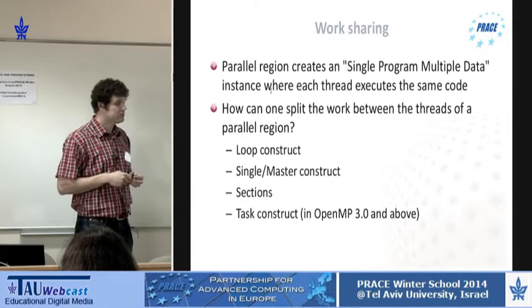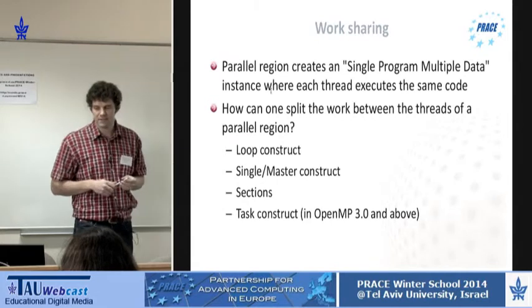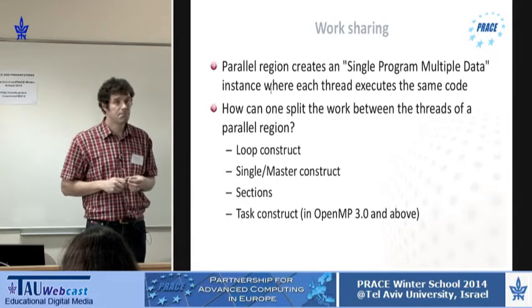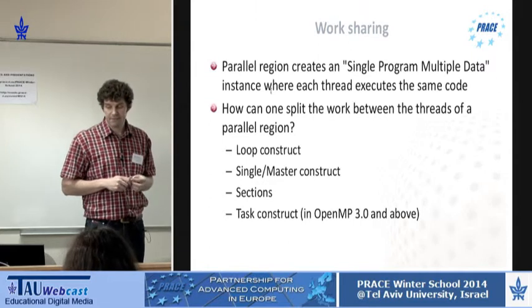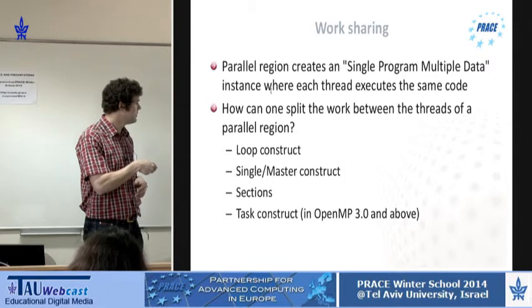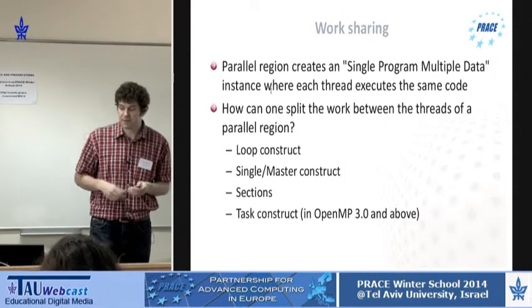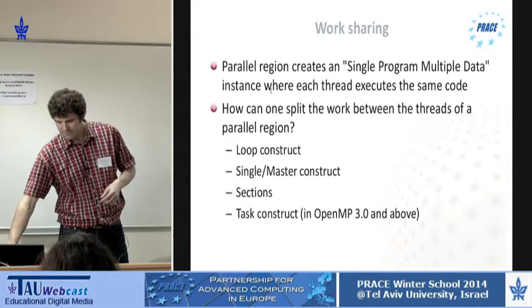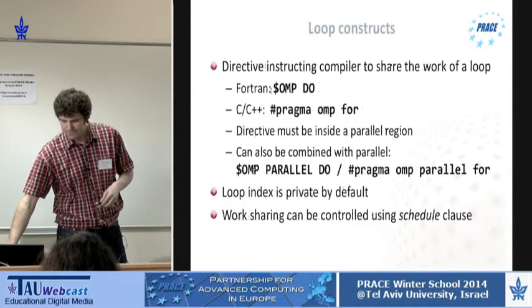We discussed a bit also how we can make only a single thread perform some work. In OpenMP 3, it's also possible to do a sort of task parallelization, but we won't be discussing that in this lecture.